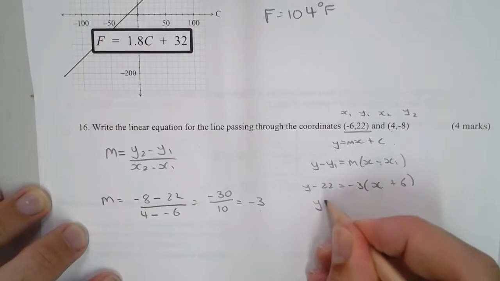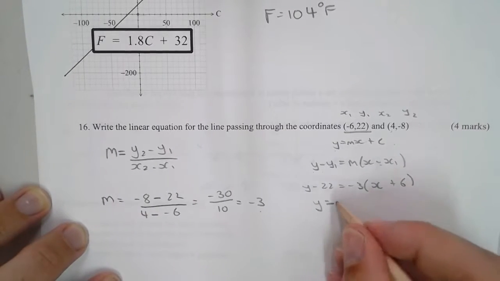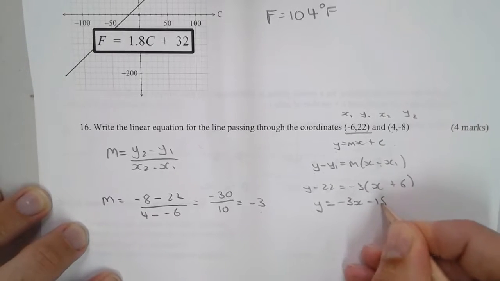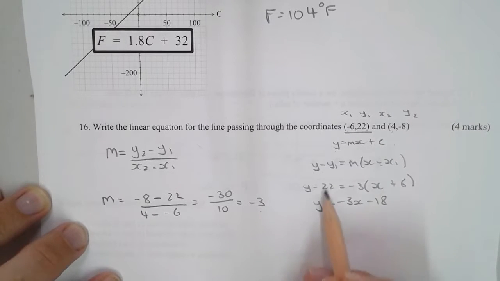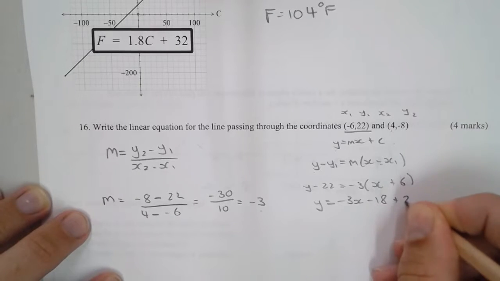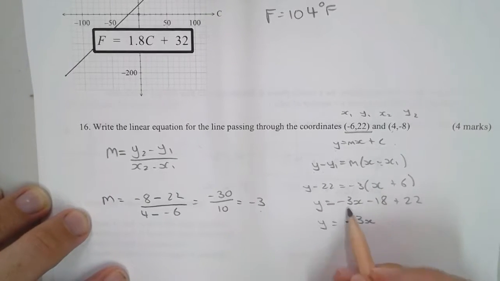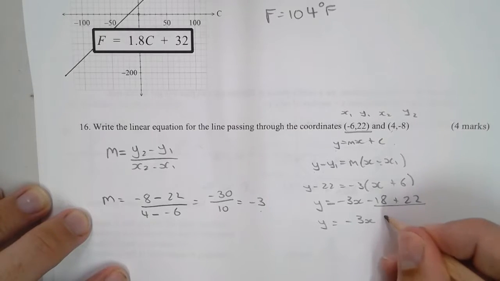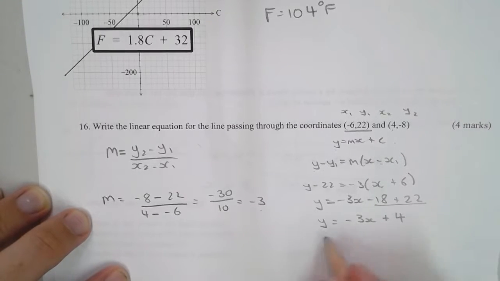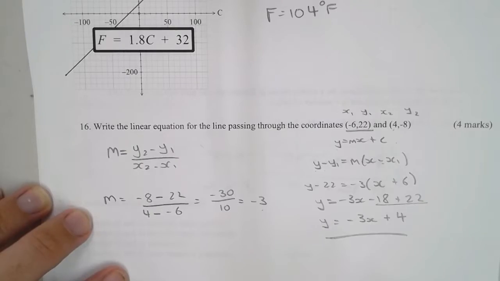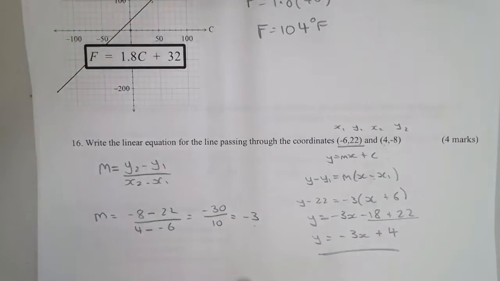Now I'm going to expand this. Minus 3x minus 18, and this minus 22 I'm moving to this side to make it plus 22. So finally, minus 3x and minus 18 plus 22 is plus 4. There's the equation of a line. Very difficult question, that one.